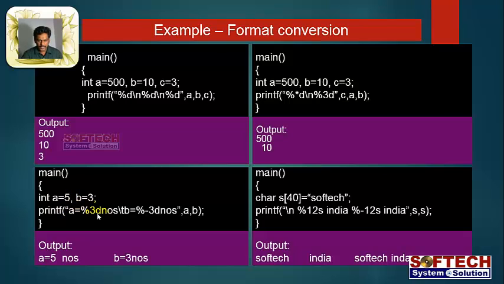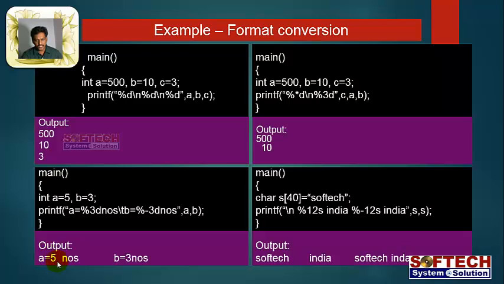The next program: a equal to 5, b equal to 3. Here we use %3d numbers backslash t, b equal to %-3d. For %3d, a equal to %3d allocates 3 locations, but the value of a is 5.